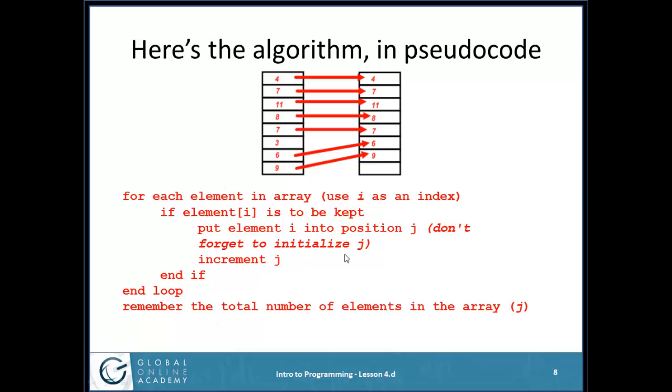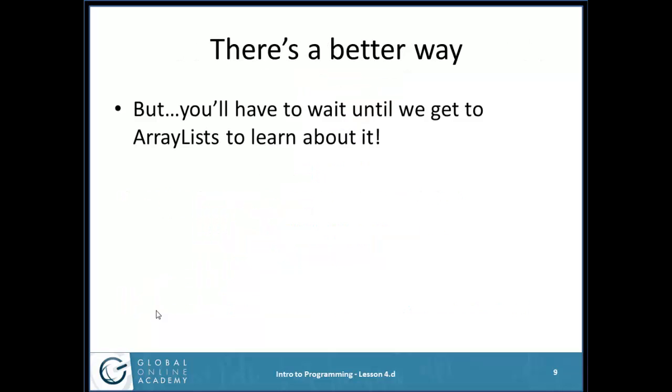You may have to do an algorithm like this in Java at some point. Here's a description logically of how it works. But it is a pain. Arrays do not make it convenient to delete elements. There's a better way, but you're going to have to wait until we get to array lists to learn about that better way. Okay, that's it for arrays for now.